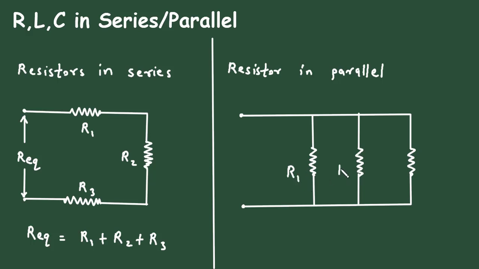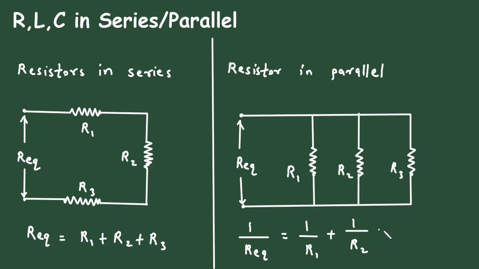Let's say this is R1, R2 and R3, and this is Req, equivalent resistance. So now its equivalent resistance is given by 1 upon Req is equal to 1 upon R1 plus 1 upon R2 plus 1 upon R3.